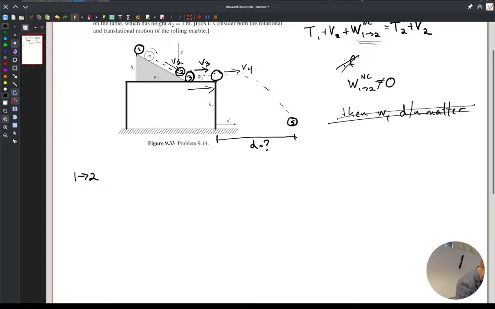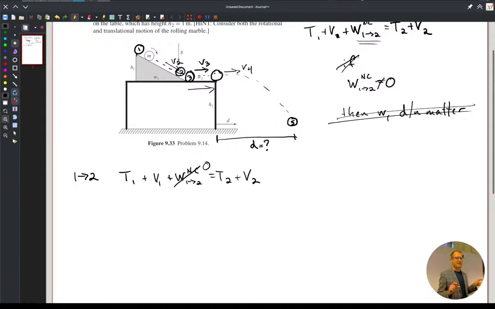So getting from 1 to 2, I could say T1 plus V1 plus work from 1 to 2 is T2 plus V2. If I'm rolling, then the work done by friction over this tiny little ramp is probably negligible.